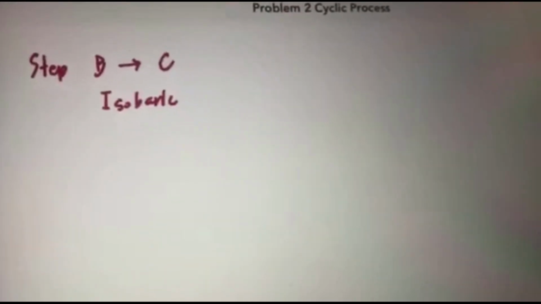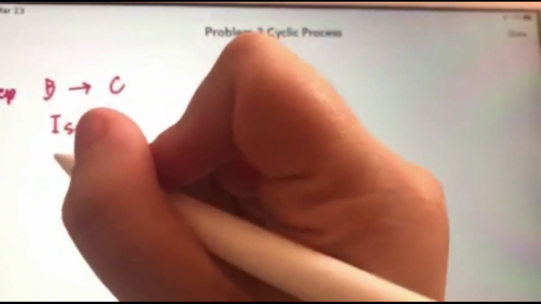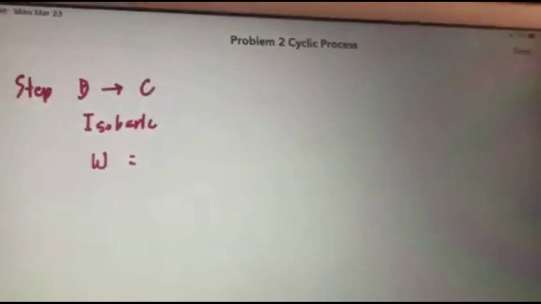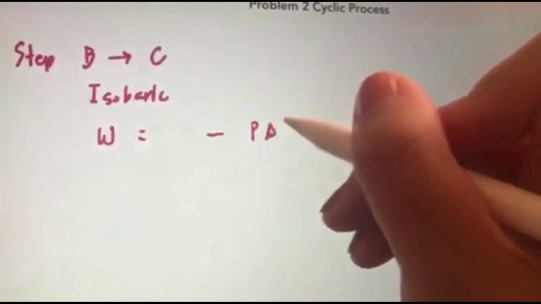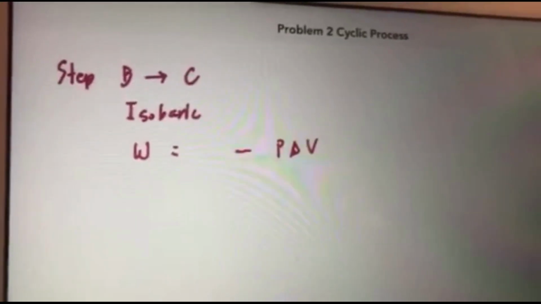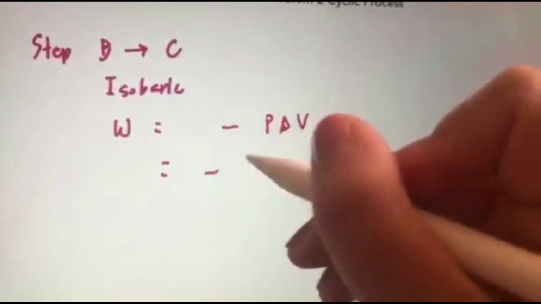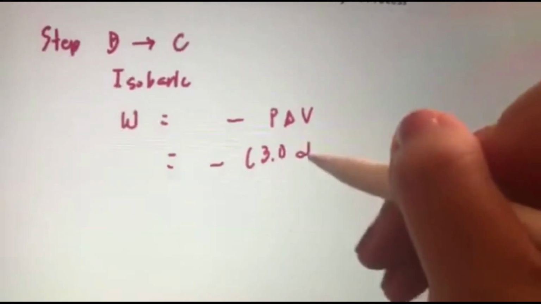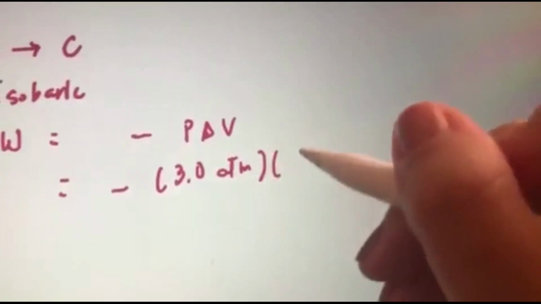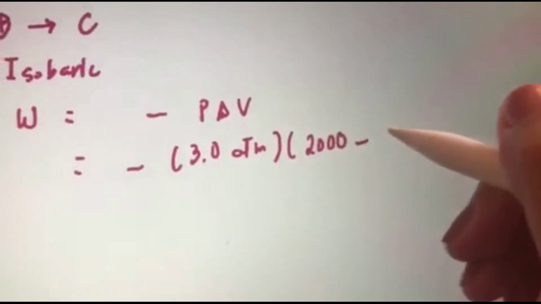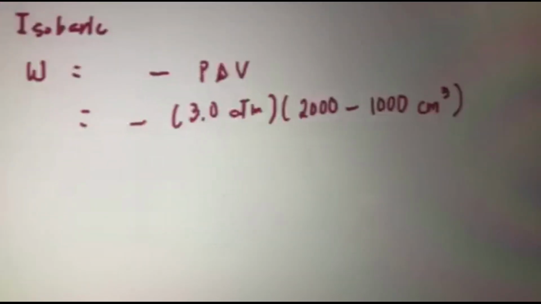For step B to C, since this is an isobaric process, work is equal to negative P dV. From B to C, constant pressure is equal to 3 atmosphere. Change in volume is equivalent to 2,000 minus 1,000 cubic centimeter.